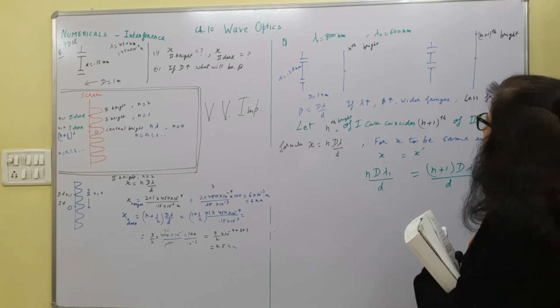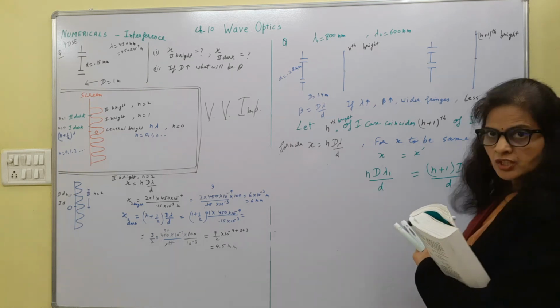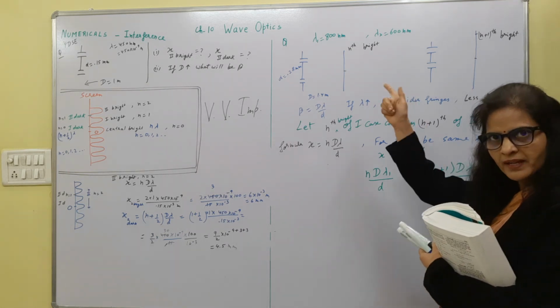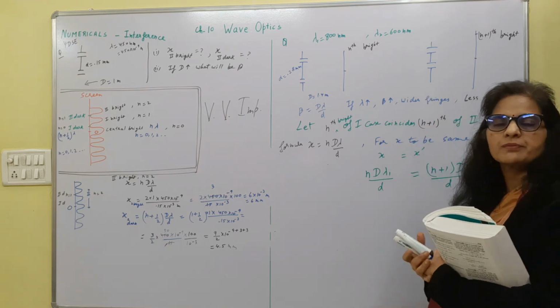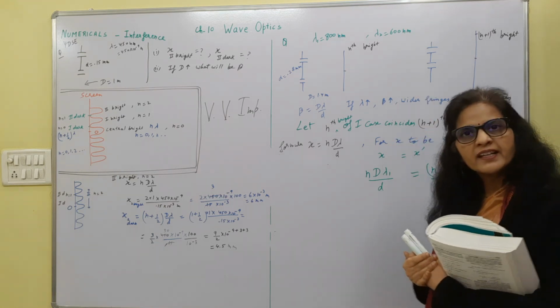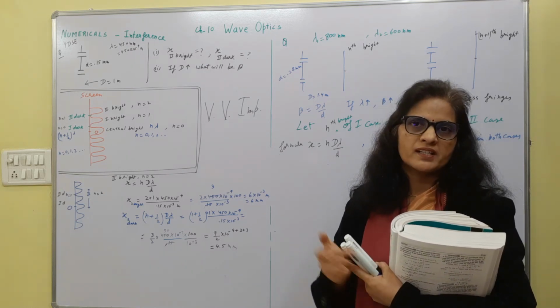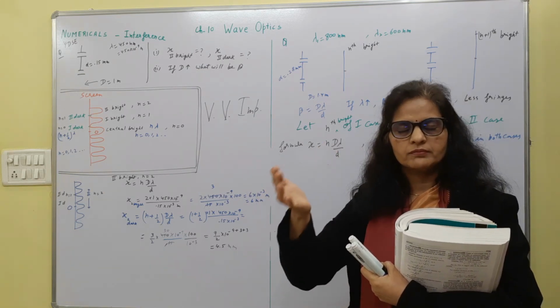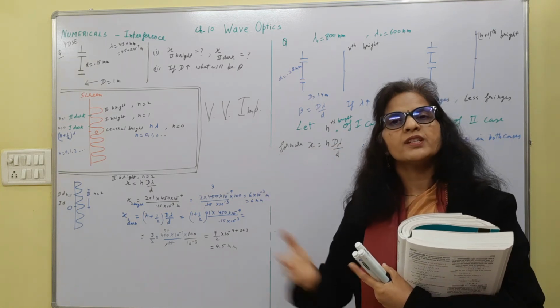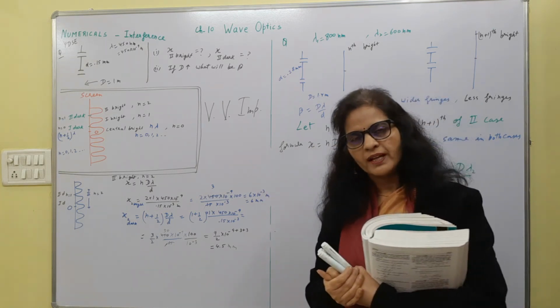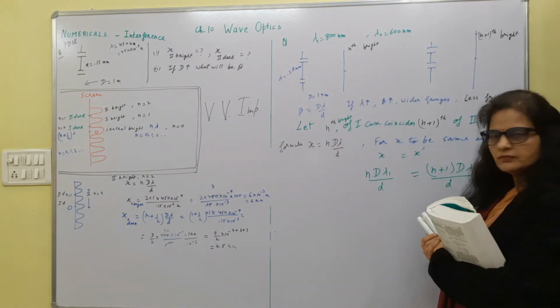So they are saying that find the position where the nth bright of one coincides with the n plus 1th bright of the second. They have not directly given it, they are saying find the minimum distance at which the very first bright will coincide with the bright of the other.